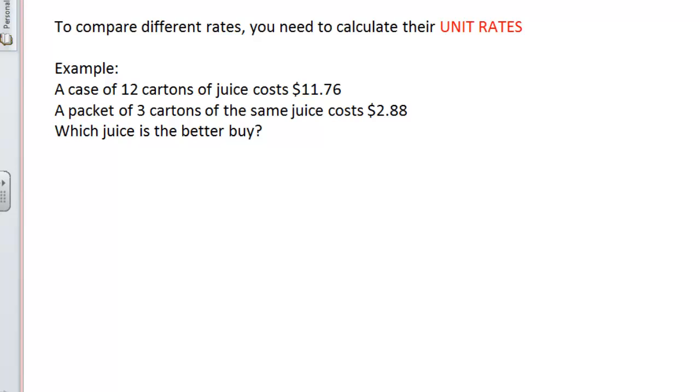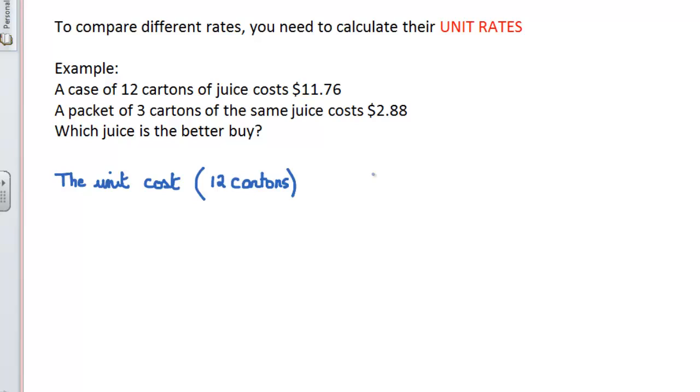For the first case, I need to find the unit cost, which means I have 12 cartons, and it's saying $11.76 for 12 cartons.